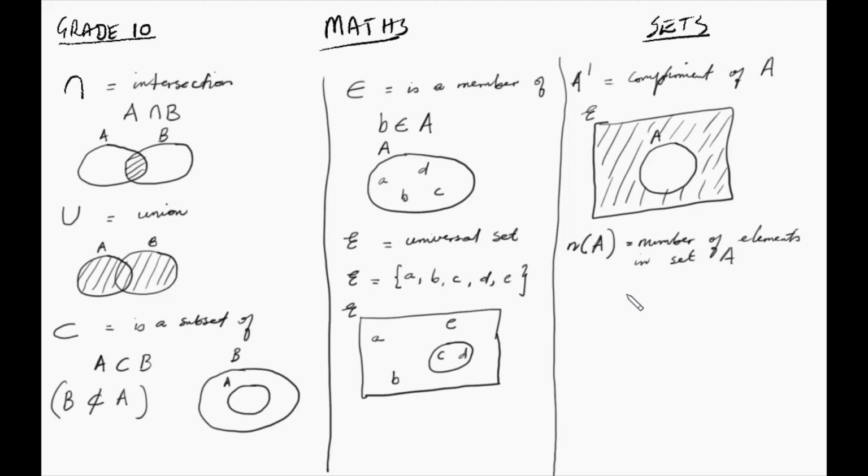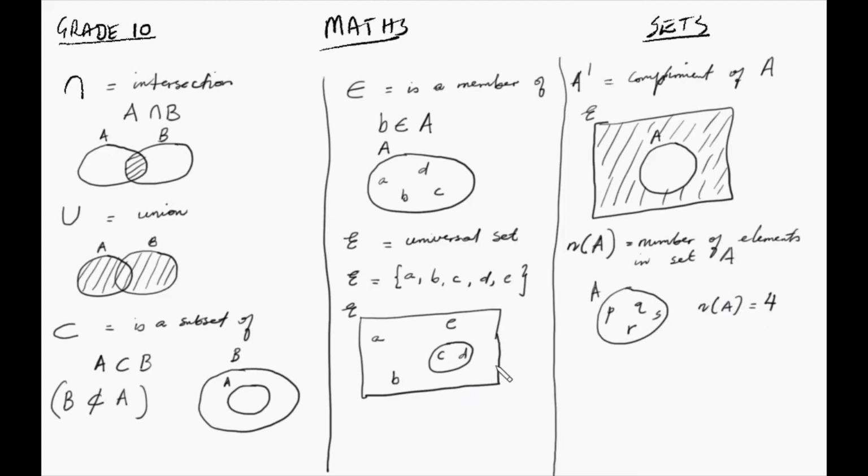Let's say we have a set A and it has P, Q, R, S. So the number of elements in set A is equal to, we counted them, 1, 2, 3, 4 elements. So the number of elements in set A is 4.